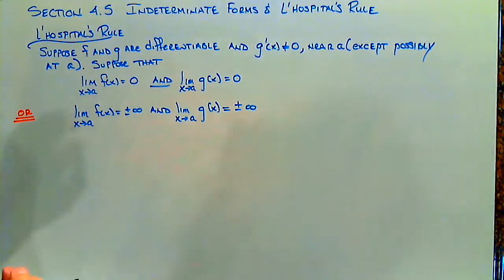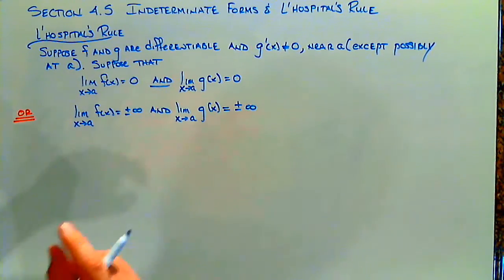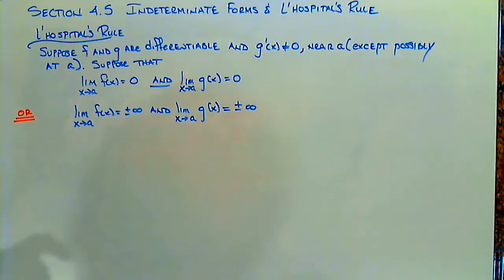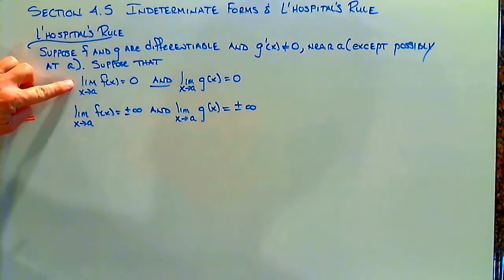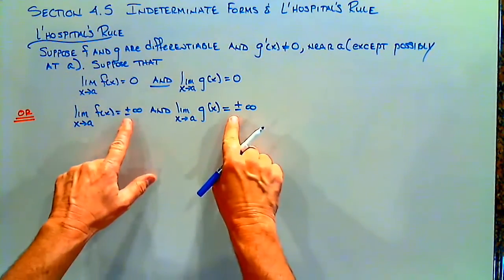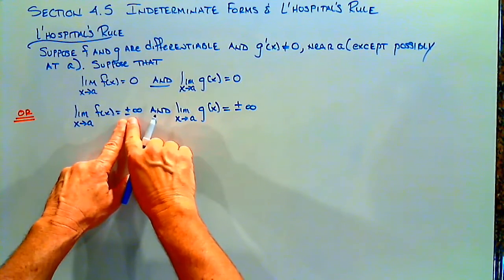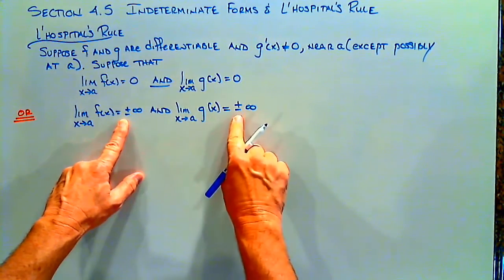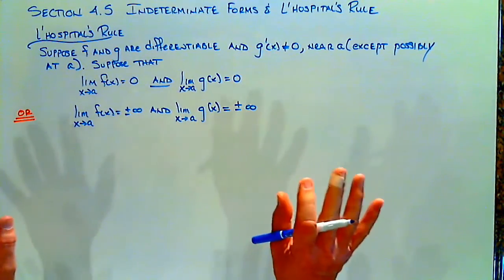But the way we're going to solve that case is not a direct application of L'Hopital's rule. We're going to have to do some algebra first, use L'Hopital's rule second. So what we have is if this happens or this happens. To expand just a little bit further on the second case, what happens if f of x is positive infinity but g of x is negative infinity? There we're fine.